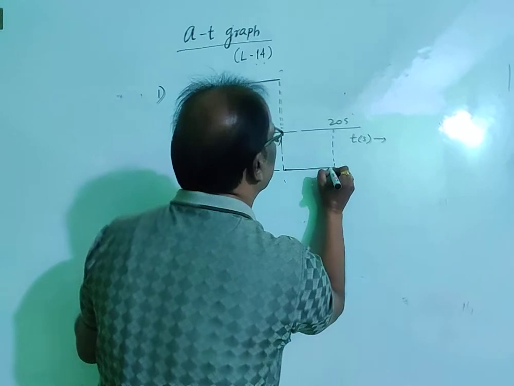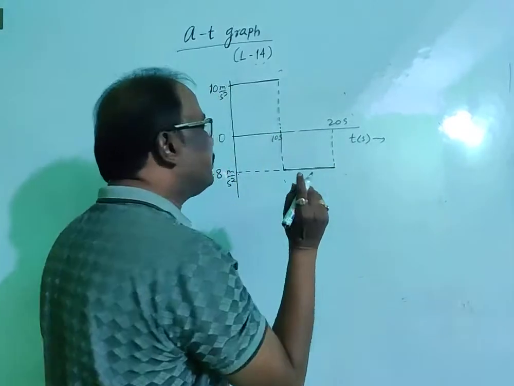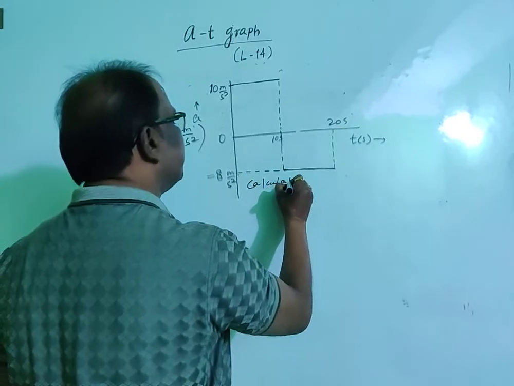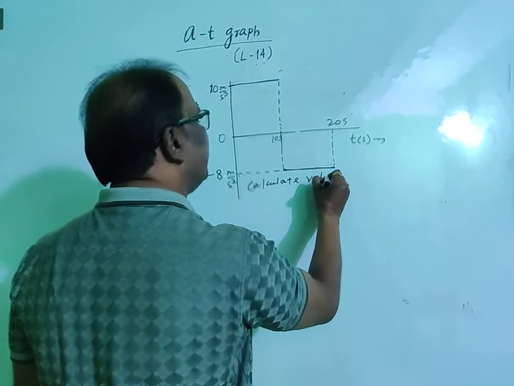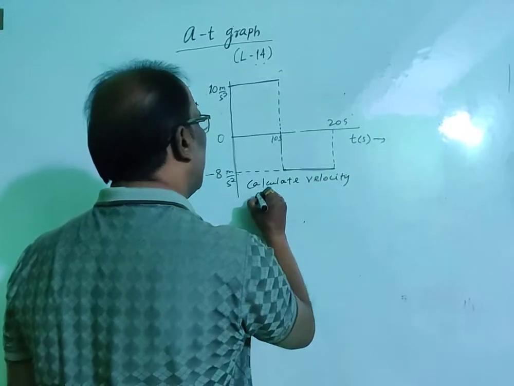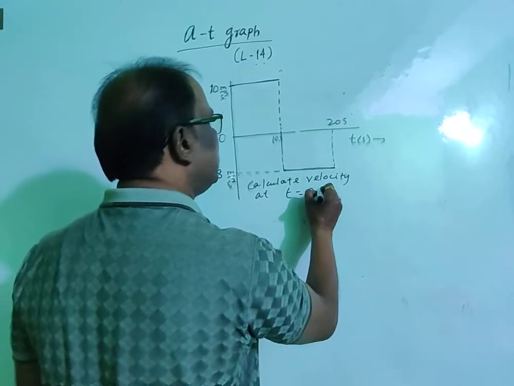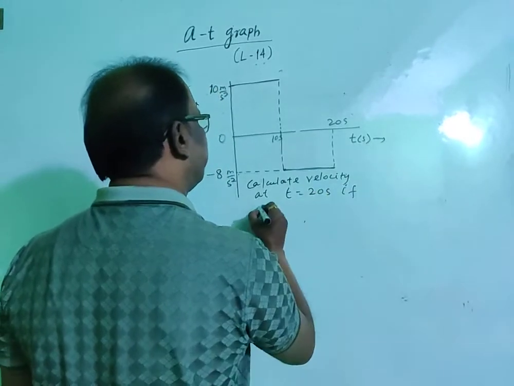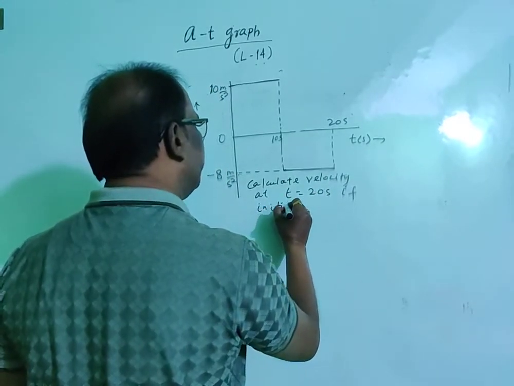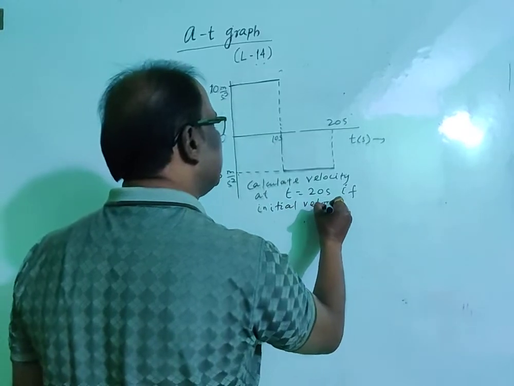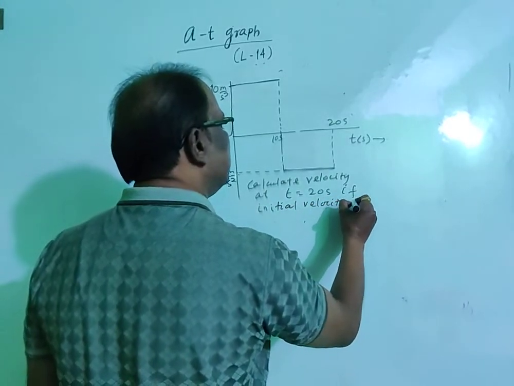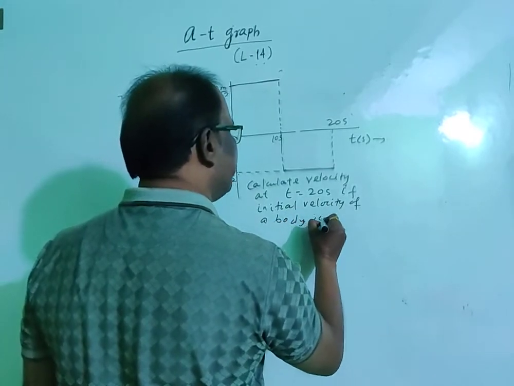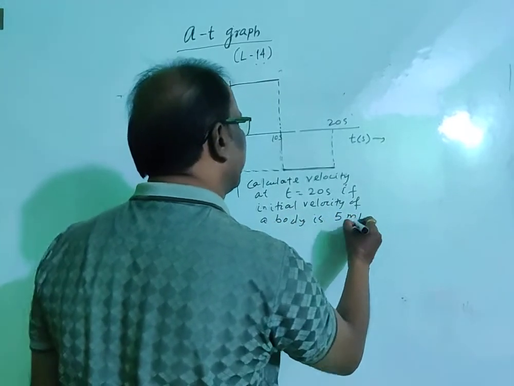From this given graph, we have to calculate. The question is: calculate the velocity at t equals 20 seconds if the initial velocity of a body is 5 meter per second.